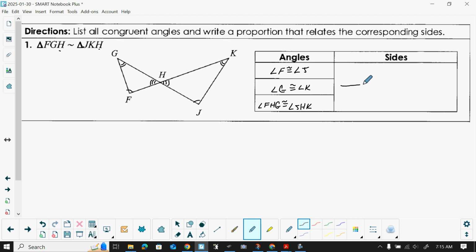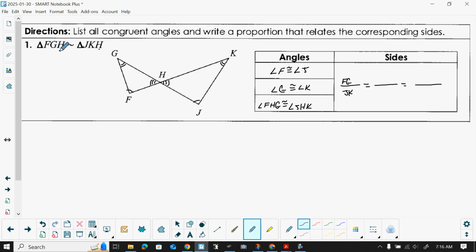Now the sides, we're going to do a similar approach just by looking at the name. The first two letters is FG. FG is this side right here. FG corresponds to JK, so we'd say FG, JK.